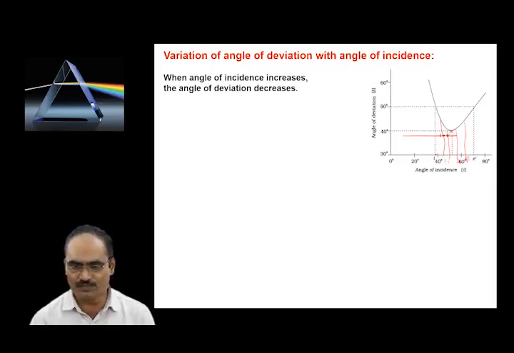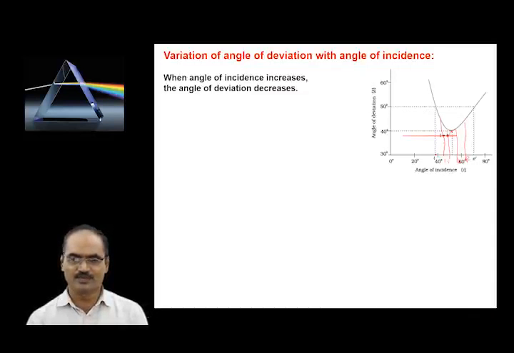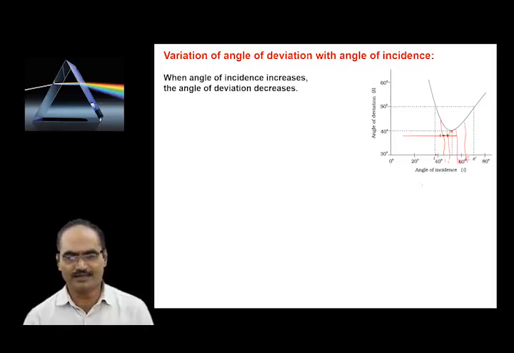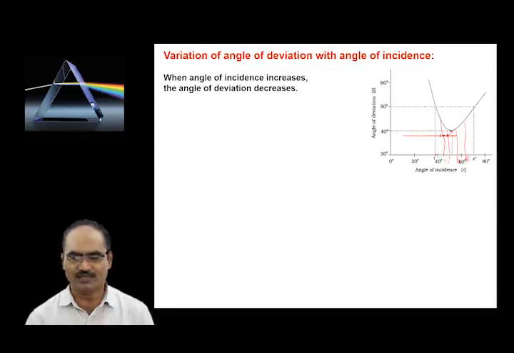So at this point you can note that the angle of incidence and the angle of emergence are the same. So the angle of deviation is minimum when I is equal to E. Otherwise, if the angle of deviation is minimum, then the angle of incidence is equal to the angle of emergence.